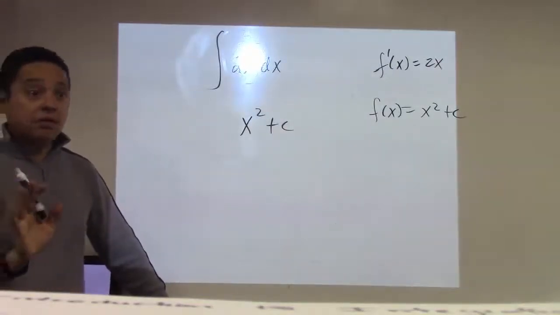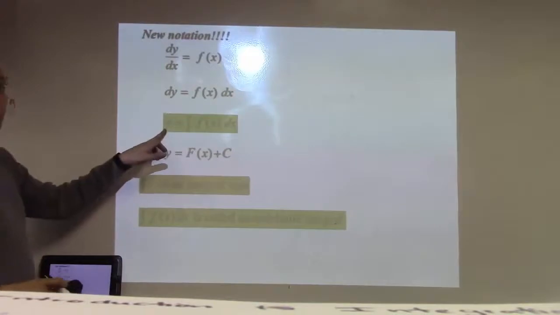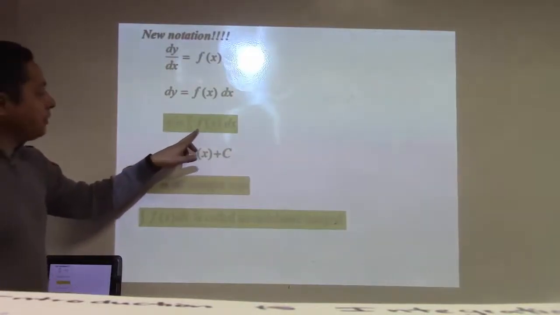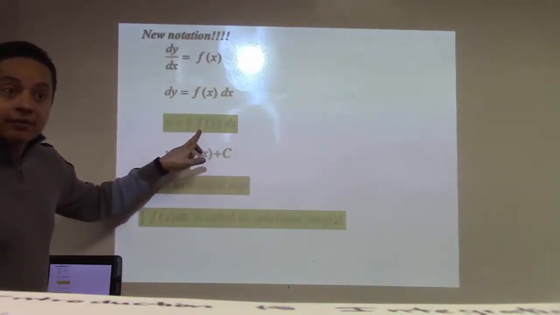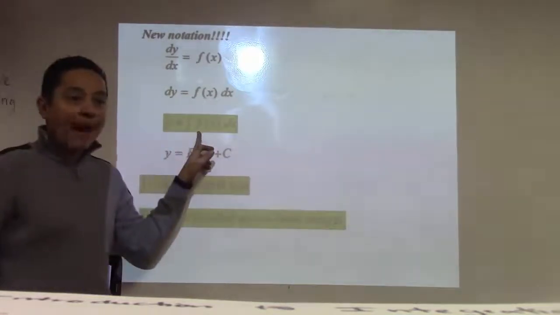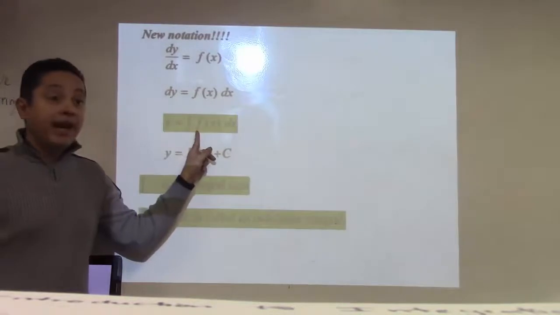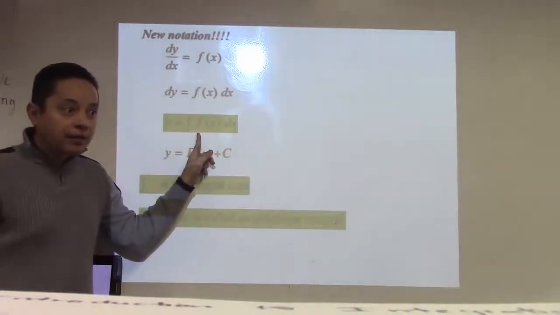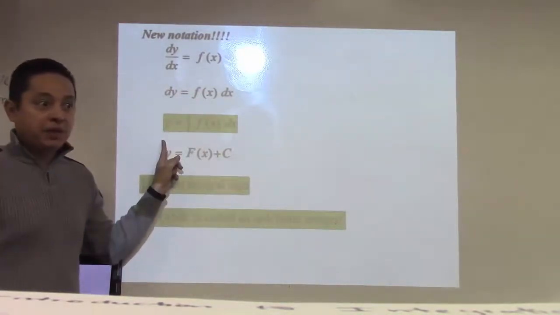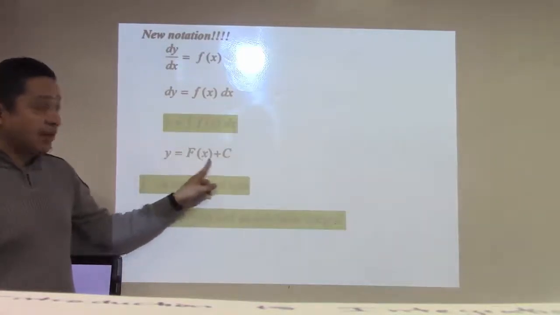Clear? Okay. y equals antiderivative of little f. So if you're going backwards, because it's saying take the antiderivative, and it's little f, and it has no prime, then the antiderivative is just going to be big F, and that's exactly what they're saying right here.